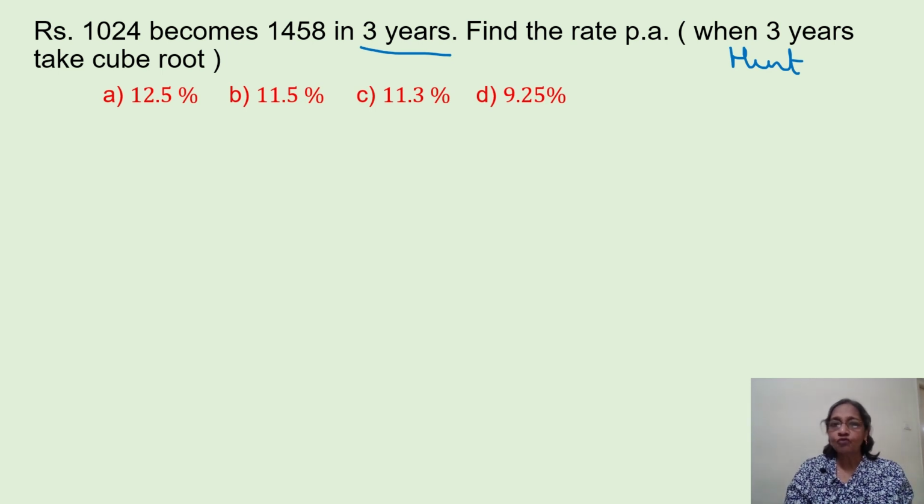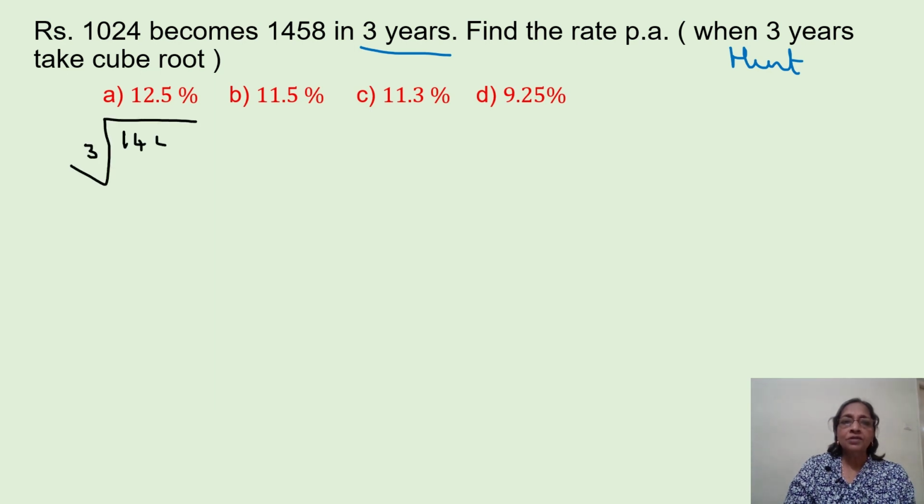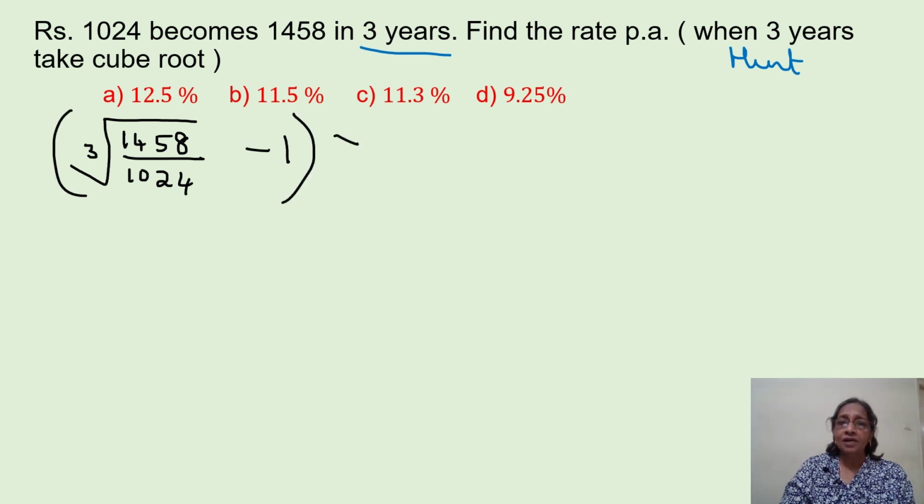Just for you to follow the video, I have given you the hints what to do for 2 years and what to do for 3 years. So I am going to directly take the cube root of the amount divided by the principal. Now, how do I get this? I have already shown you in the first sum by using the formula.